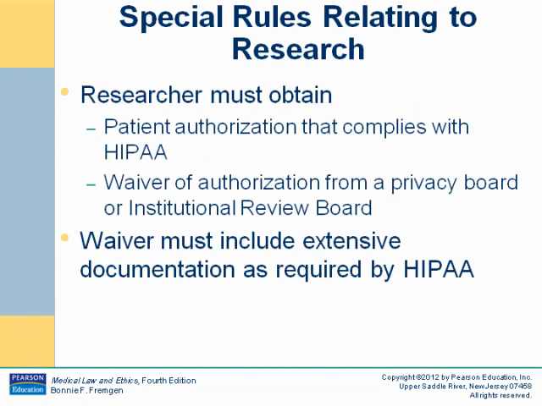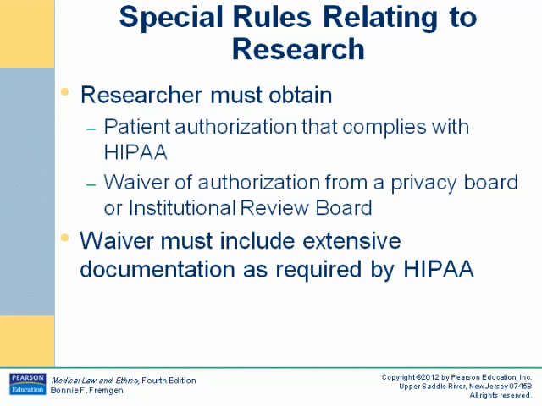Now, there are some special rules relating to research. The researcher has to obtain patient authorization that will comply with HIPAA, and then they also have to have a waiver of authorization from the privacy board or an institutional review board.